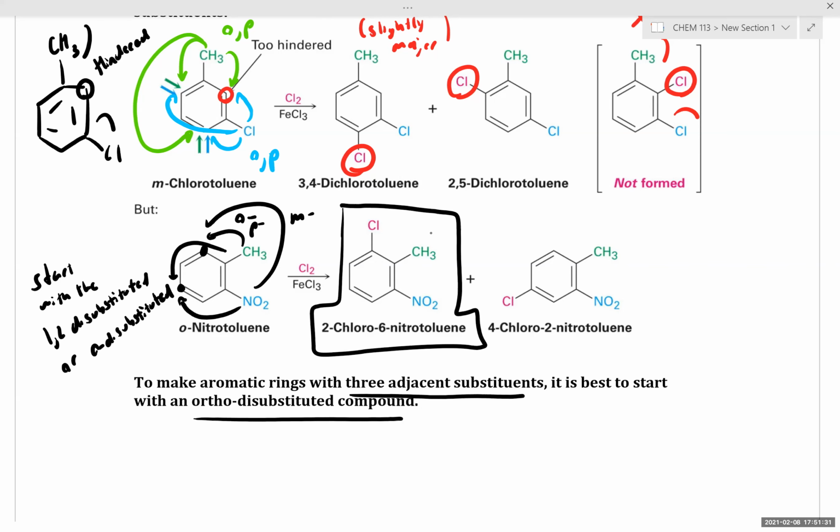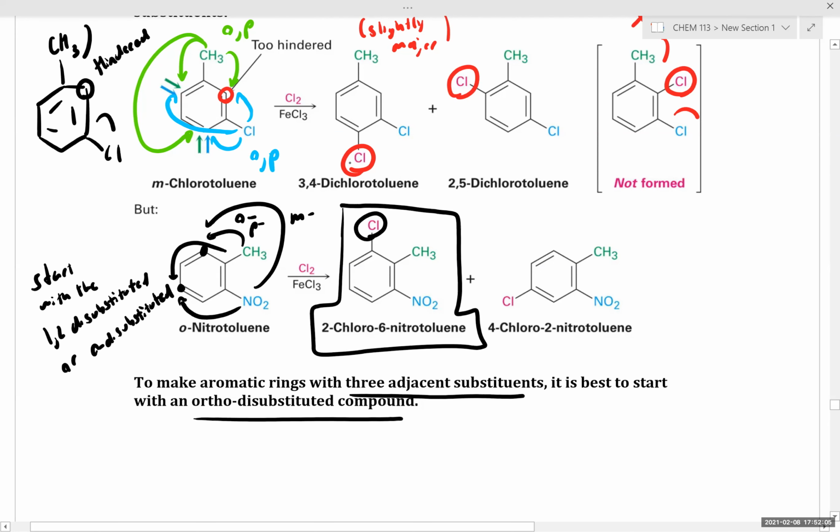Did you circle the 3 adjacent substituted thing as saying it's major? No, I'm just saying that it's possible to form this compound. Well, in the previous cases, when we started from the meta disubstituted compound, we could not generate it. It's due to the steric hindrance and the penalty that you pay that in turn leads to the 2,5 disubstituted and the 3,4 disubstituted products being major.